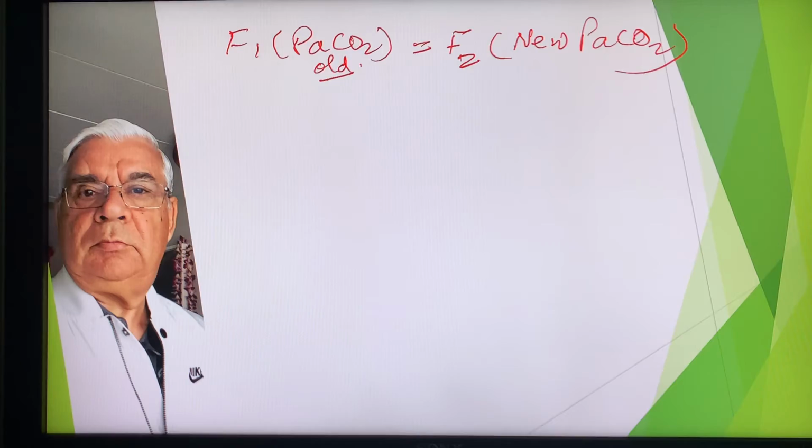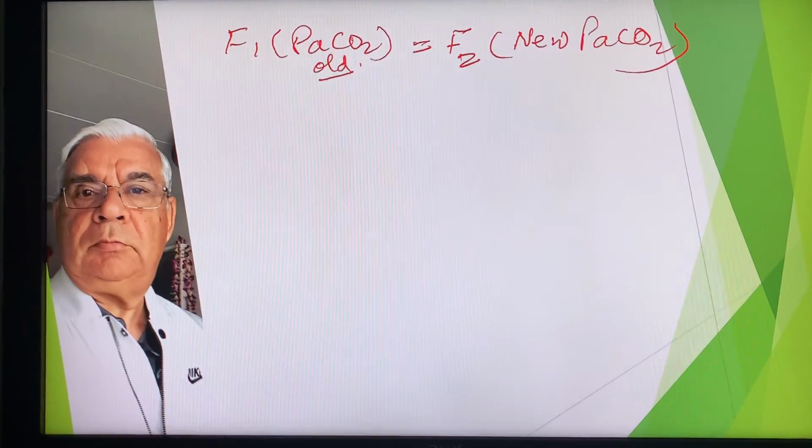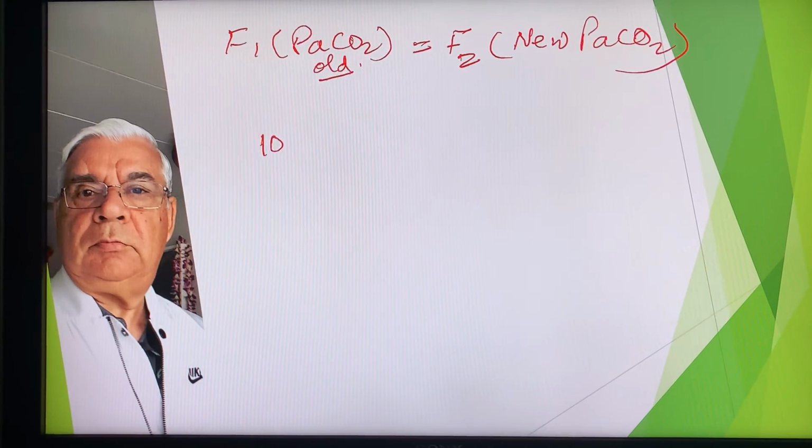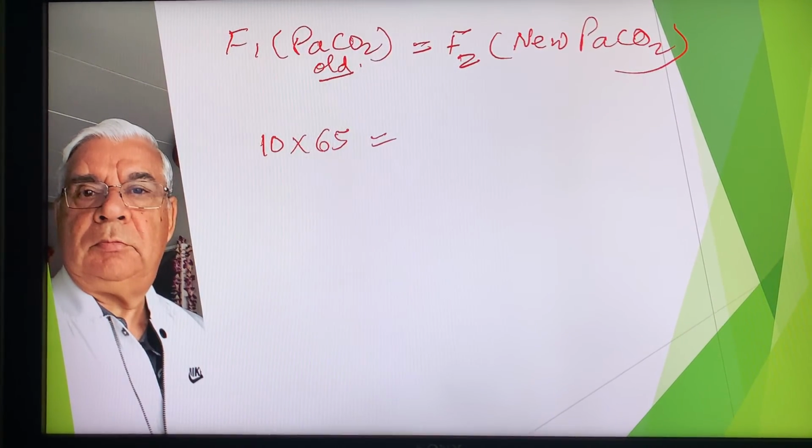Now let's put it into this. F1 is 10 respiratory rate, and the old PaCO2 was 65 millimeters of mercury, is equal to F2, which we do not know, and new PaCO2 was 32.